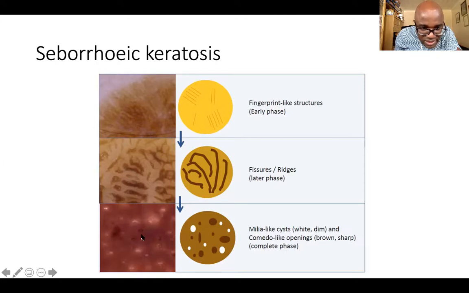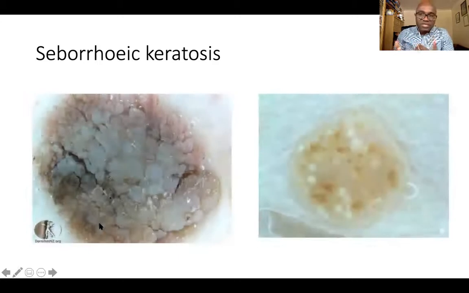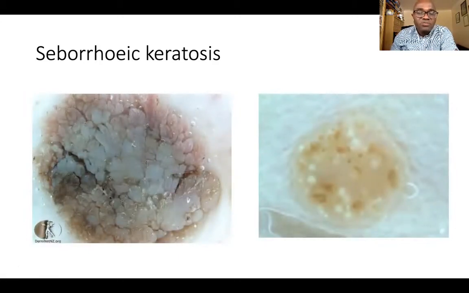These are white, and the comedone-like openings are the brown ones there. So you can see the gyrated pattern just looks like a brain. If you get confidence in this, that's really going to be helpful in reducing the number of two-week-wait referrals, and in reassuring the patient of seborrheic keratosis.